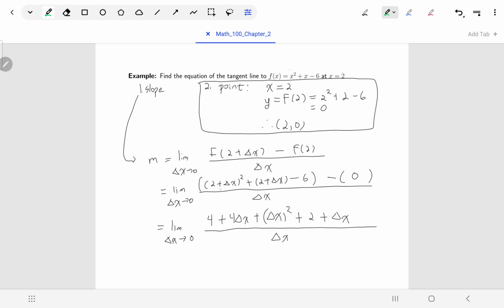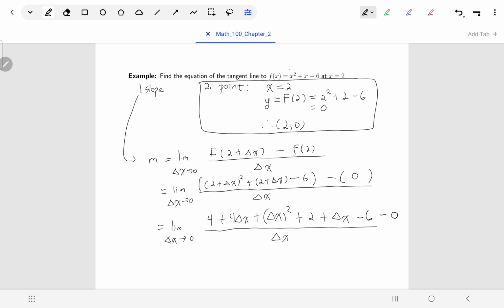So where were we? We had 2 plus delta x squared. I did all that. I had 2 plus delta x. I've got that. I need my minus 6. And of course, minus 0. And now the next thing that I'm going to do is just a little bit of cleaning up. You'll notice here that I have the 4 and the plus 2 and the minus 6.